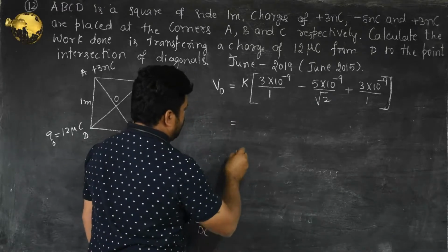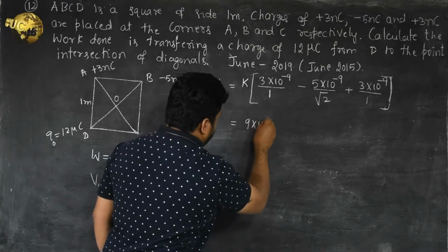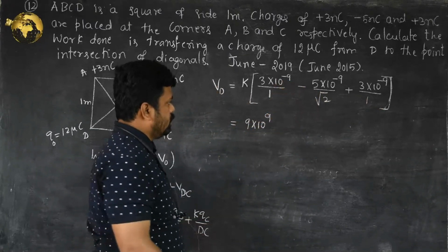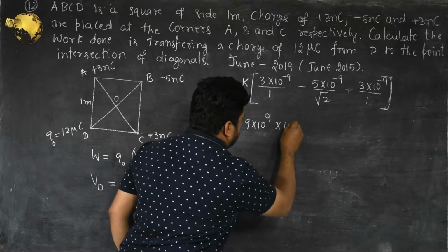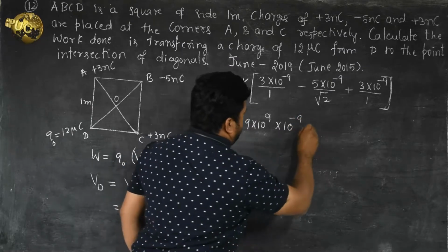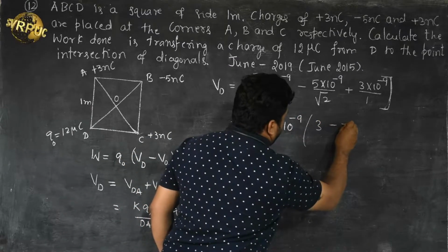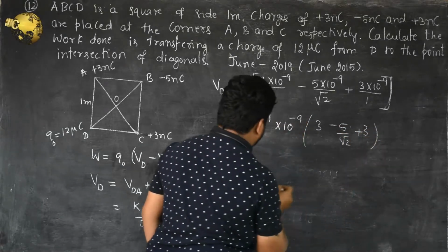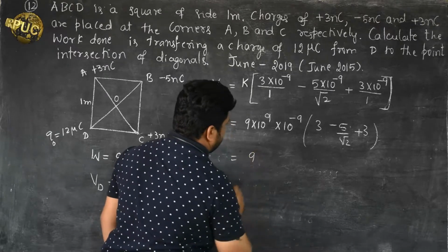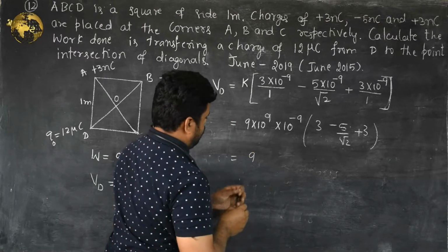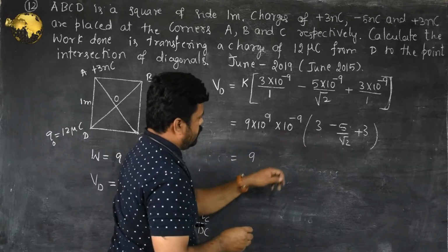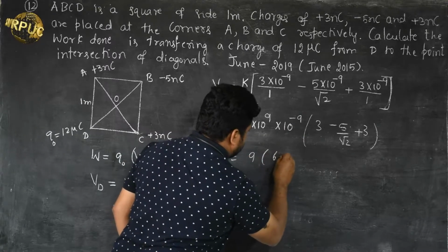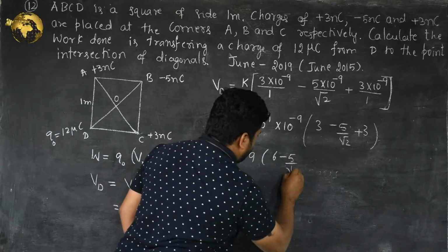So let's solve this. That is 9 into 10 to the power 9. In all the three terms, 10 to the power minus 9 can be taken common. Then I am left with 3 minus 5 by root 2 plus 3, so 9 into 10 to the power 9 into 10 to the power minus 9 multiplied by 6 minus 5 by root 2.